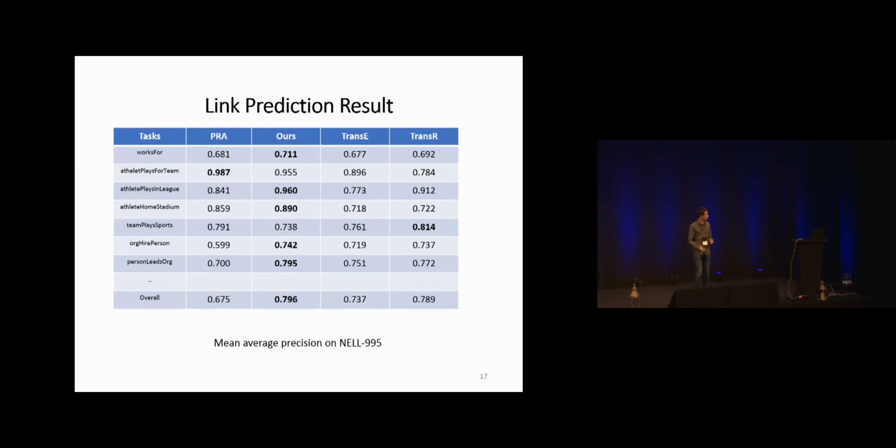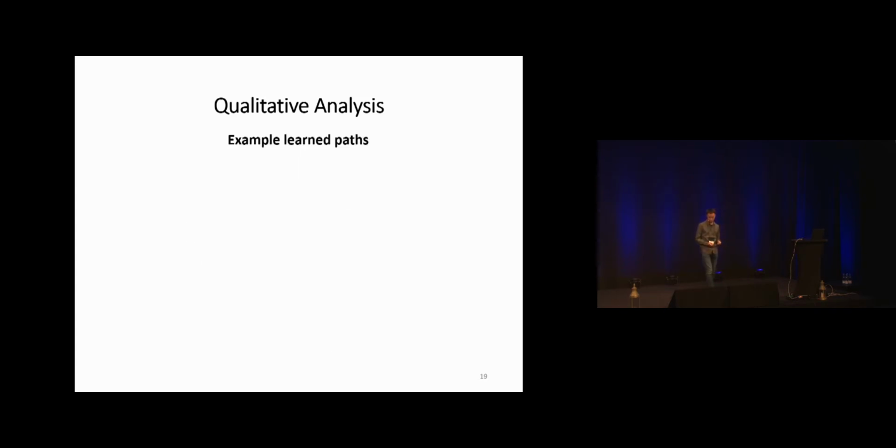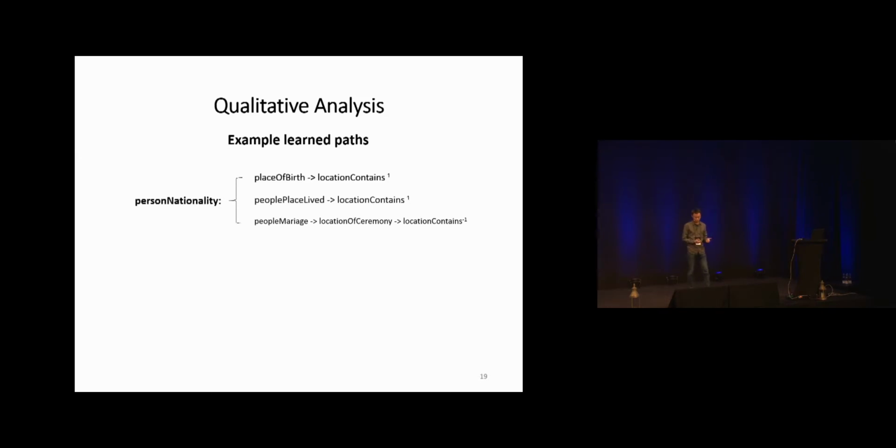So let's look at some paths. The first thing we notice is that most of the learned paths are of very small length. This is consistent with the diversity reward we defined. To show you some examples, let's look at these learned paths. For the first reasoning task, we want to find out the nationality of a person, and we have this reasoning path.